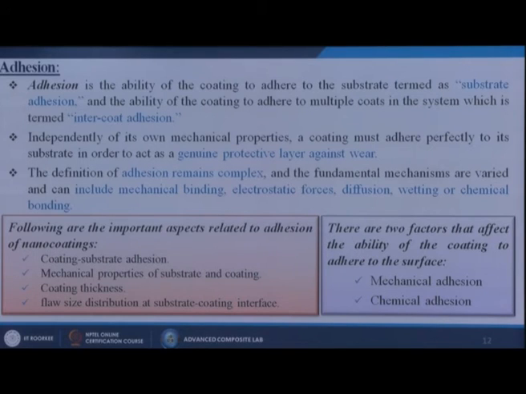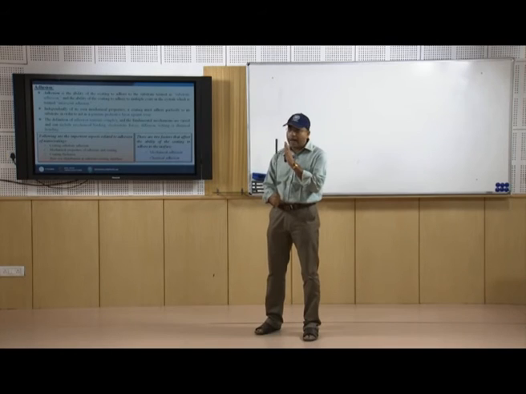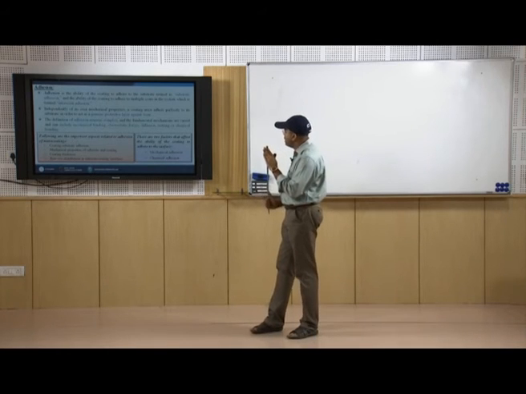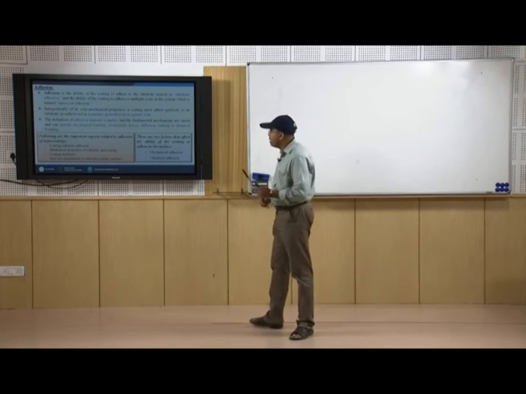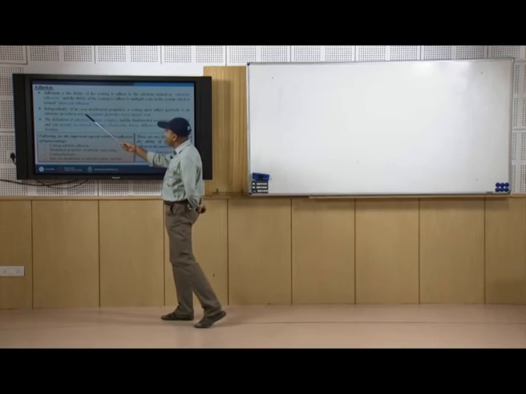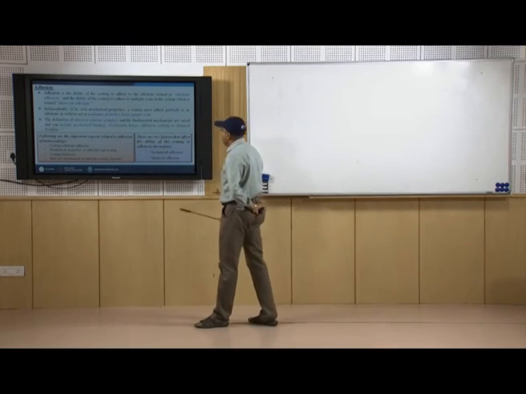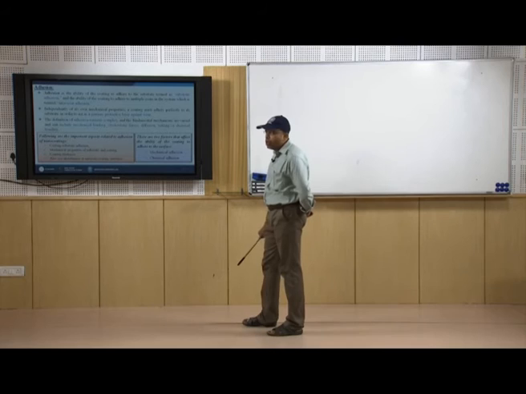So, simply, I am having the substrate, and if I go for one pass or one layer of coating, that is known as the substrate adhesion, and if I go for 2 layers or 3 layers, then the adhesion in between the layers is known as intercoat adhesion. Independently of its own mechanical properties, a coating must adhere perfectly to its substrate in order to act as a genuine protective layer against wear.